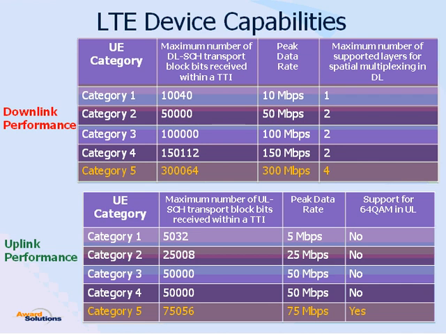Now, here are the capabilities of the UEs. There are 5 categories of UEs defined. In the top portion here, we are giving you the downlink related information. For the downlink, we have up to 300 megabits per second data.